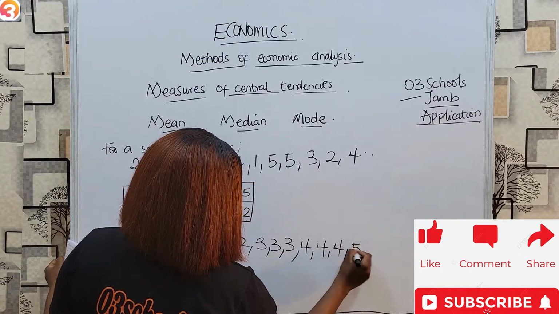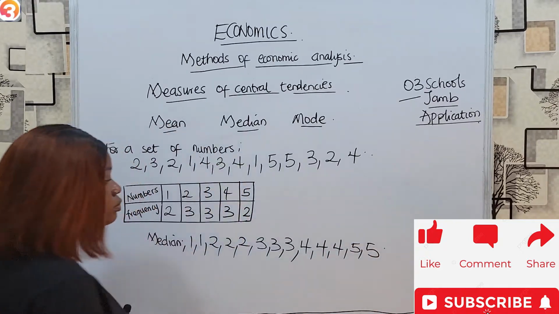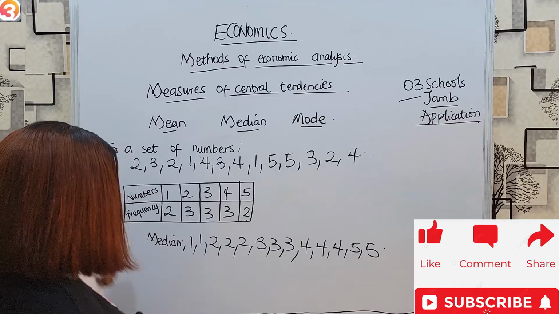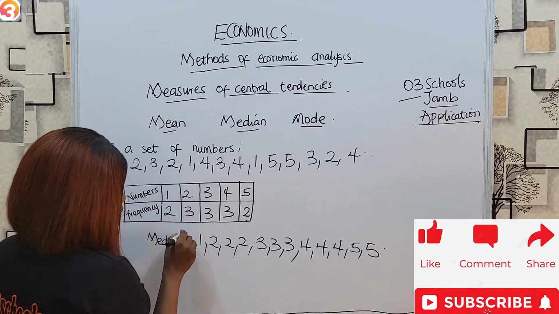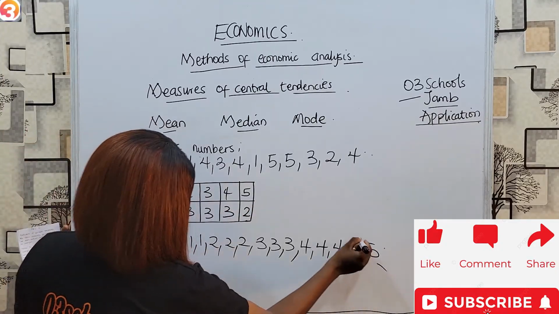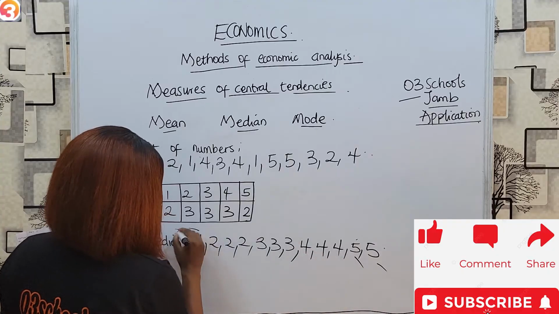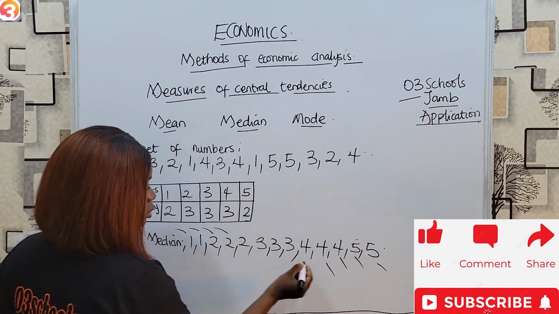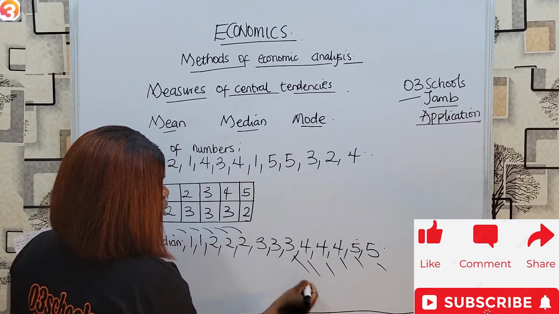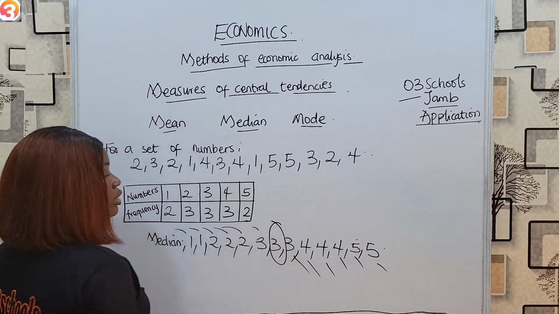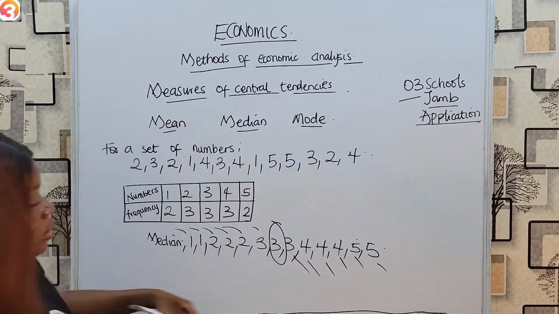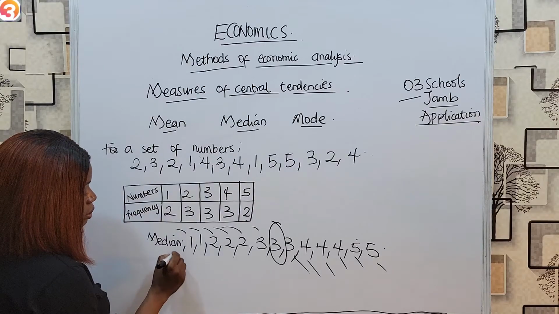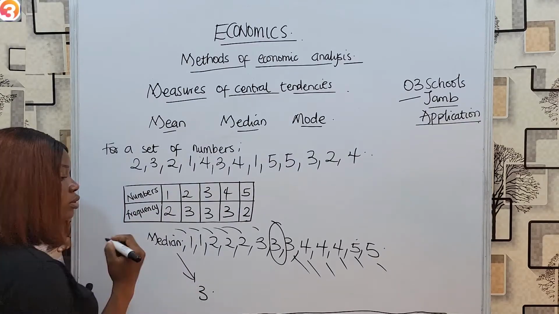And then 5 appears 2 times. So the middle number here, let's check. This is just like a baby method, but it's usually very accurate. So 3 is the middle number in this data. Our median here is equal to 3.